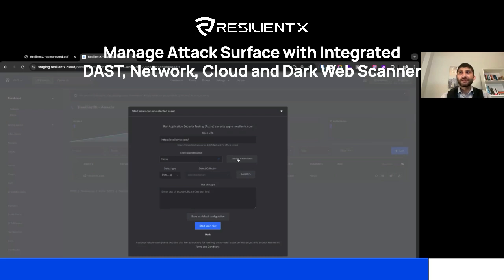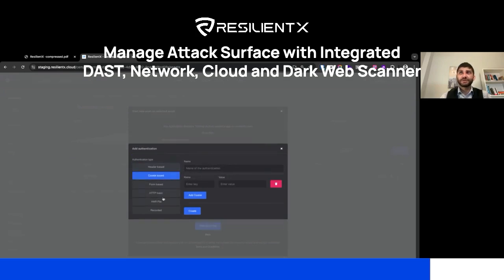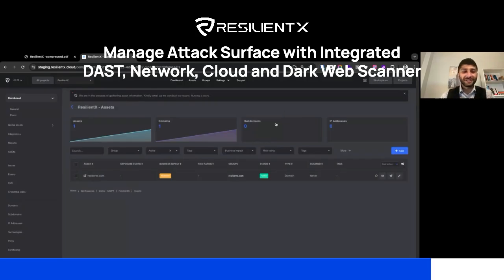And you can also add different types of authentication for web applications such as headers, cookie, form, HTTP, .hr, or recorded.